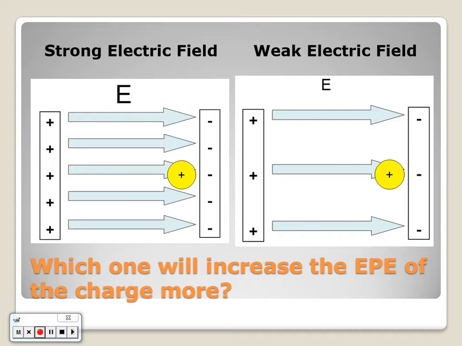Because gravity depends on mass. Gravitational potential energy depends on mass. Electrical potential energy depends on charge and field strength. Okay? Same idea, but now we're dealing with different things, right? The contributors are the same, but how we show them is different. Okay? Good there? All right.